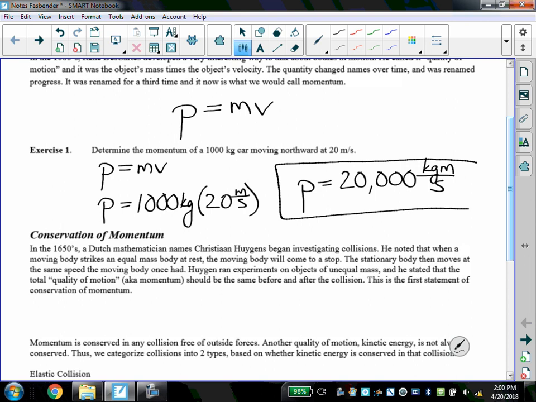Now, this is a vector. Momentum is. So that means that the positives and negatives are again going to become important because those positives and negatives represent direction. For us, we could say the positive direction is northward, so this positive 20,000 kilogram meters per second shows us that it is also northward.